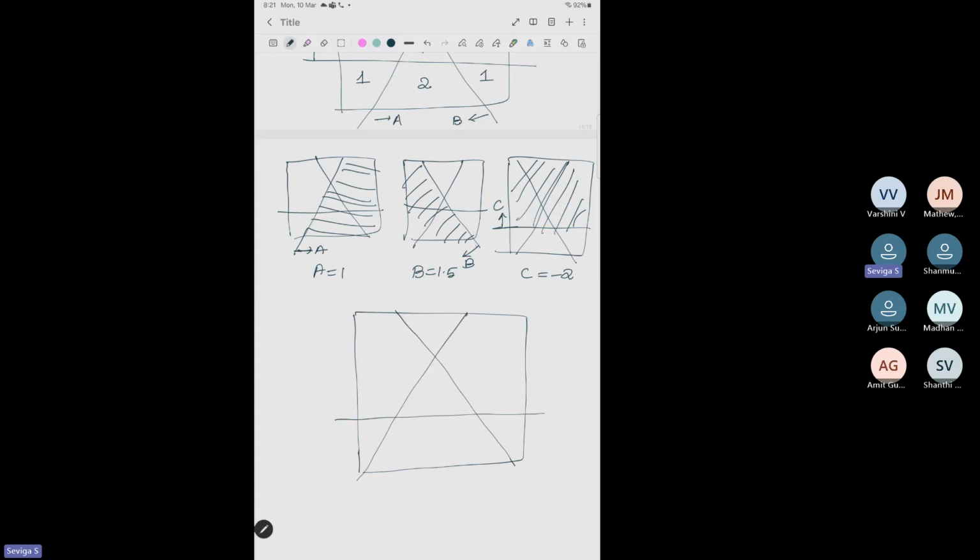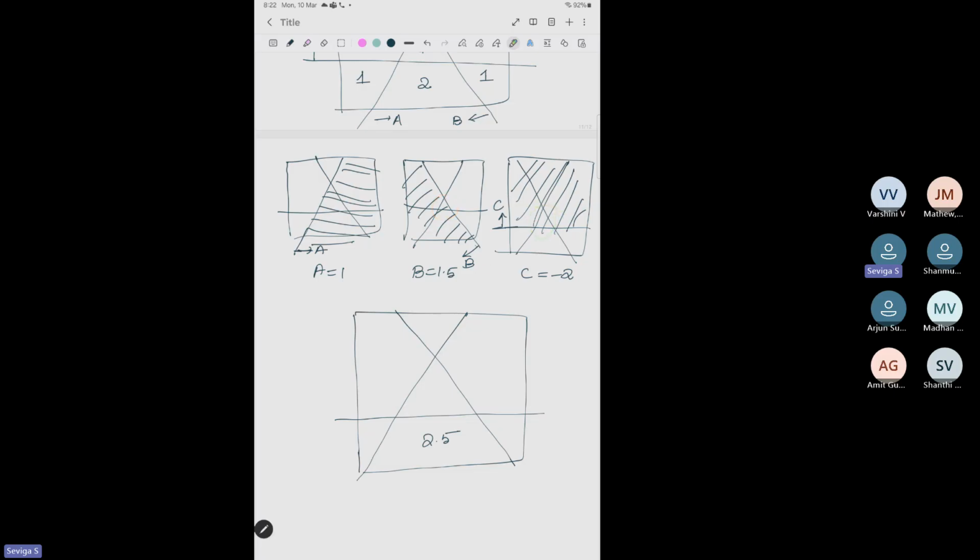Let us take this region. If you combine, here it is 1, here it is 1, here it is 1.5, here it is 0. So the answer is 1 plus 1.5, which is 2.5. Similarly, here it is 1, here it is 1.5, here it is minus 2.